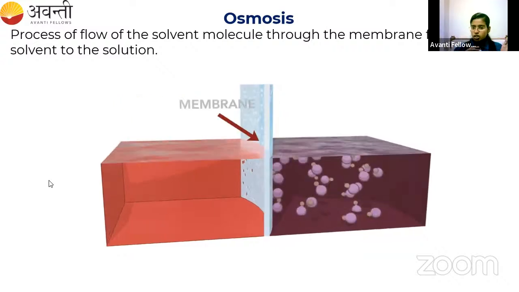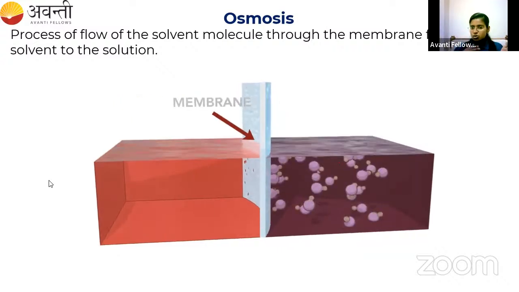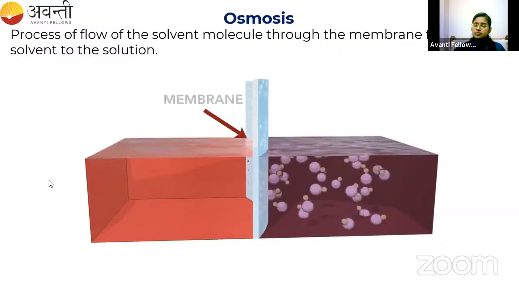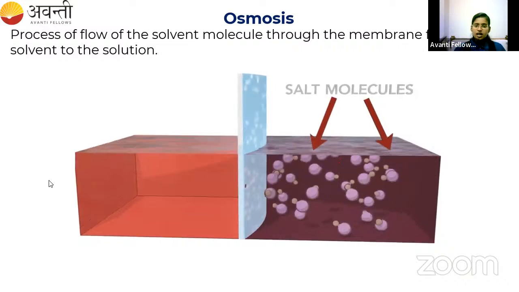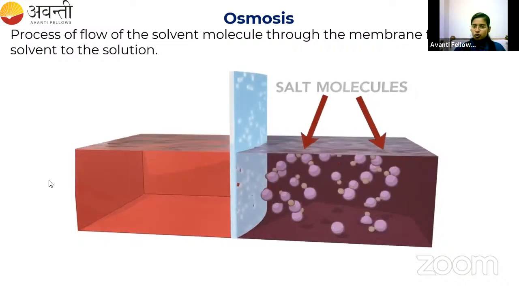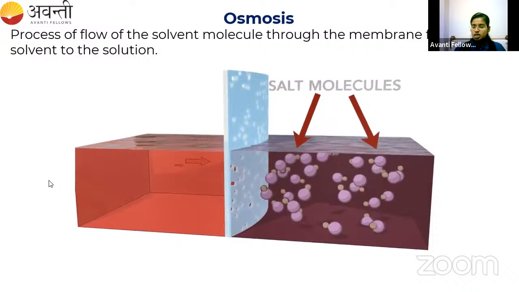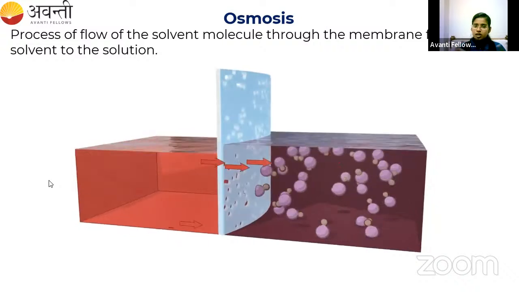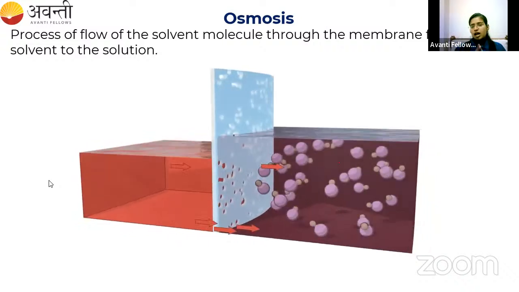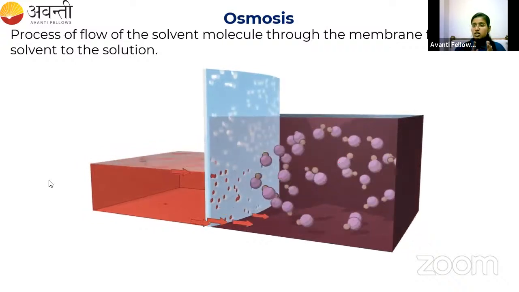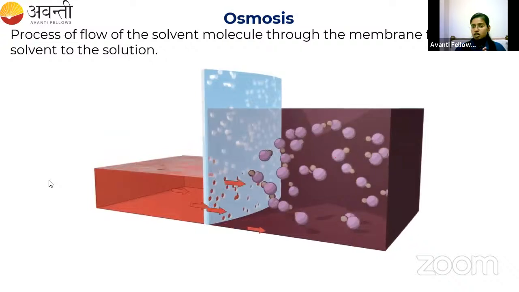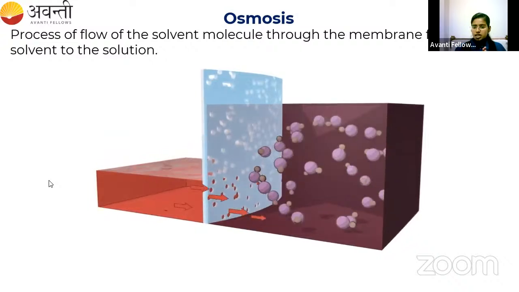The solvent molecules are passing through the semi-permeable membrane to the solution side, and we call this process of flow of solvent through the semi-permeable membrane from solvent to solution as osmosis. So all of you can understand from the picture, right?